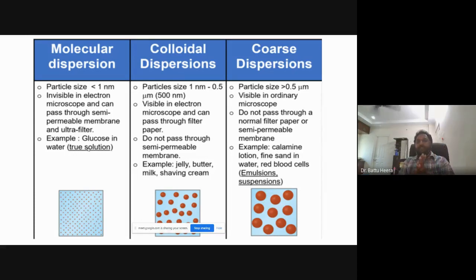Then there is coarse dispersion. We can give the example of pulpy orange. Also, we can give examples of emulsions and suspensions: calamine lotion, which we already know, and also fine sand in water, and also red blood cells. So these are some of the differences between molecular, colloidal and coarse dispersions.